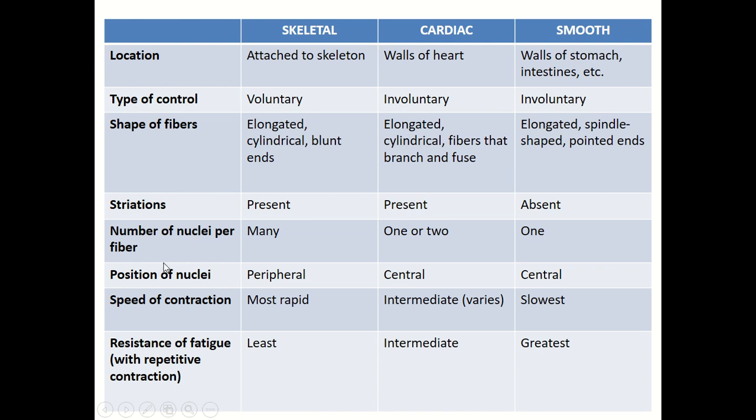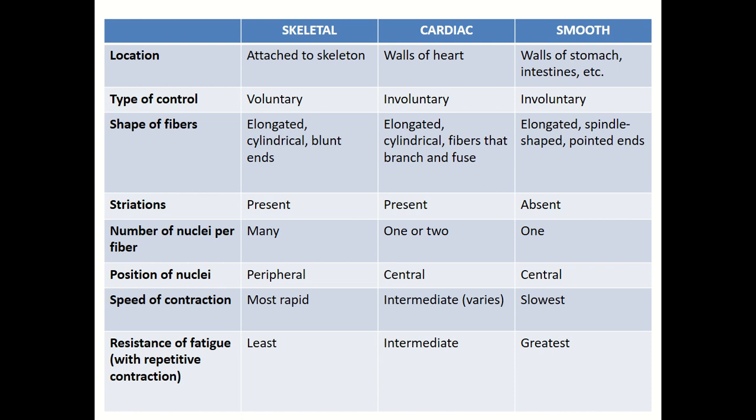How about the number of nuclei per fiber? For skeletal, they have many nuclei per fiber. Cardiac has only one or two nuclei, and smooth has only one nucleus for each muscle fiber.